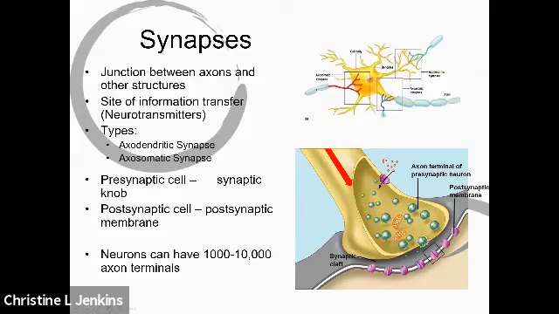So we talked about, thus far, we probably have in our mind that a nerve goes into a muscle. But check this out. Sometimes a nerve will contact another cell body. And that's an axosomatic synapse, because it's a synapse between the axon and the soma.